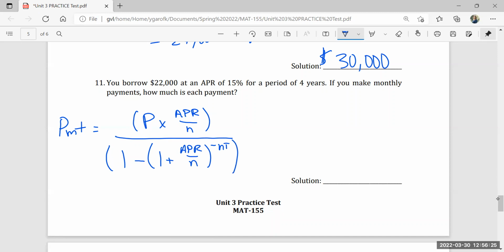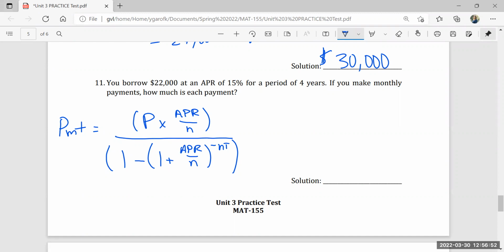Now remember that N, according to our formula sheet, as always, is how many times we're paying per year. So remember, the P is the total amount you borrowed, the APR is given, N is the payments per year, and T is how many years you have.